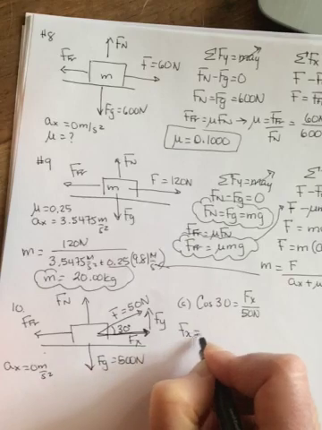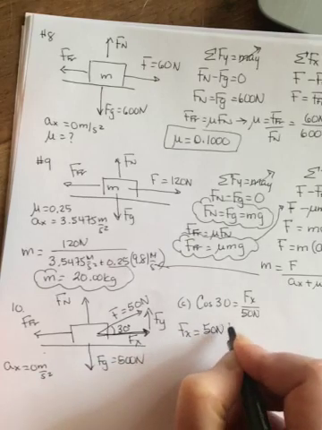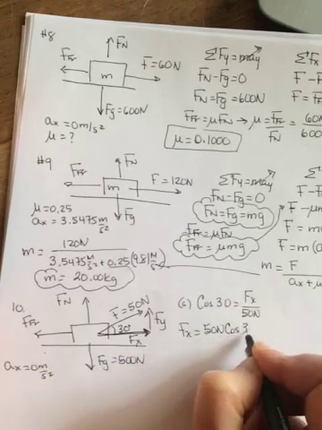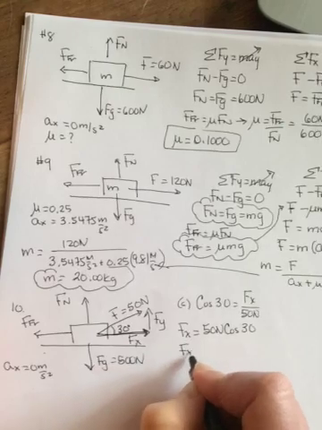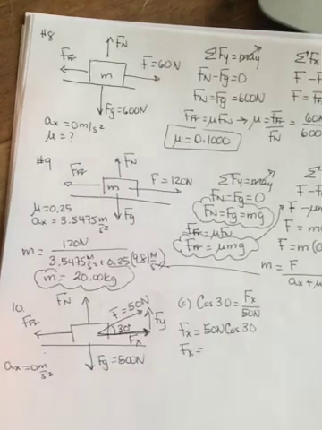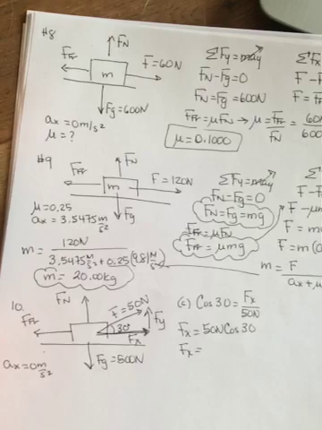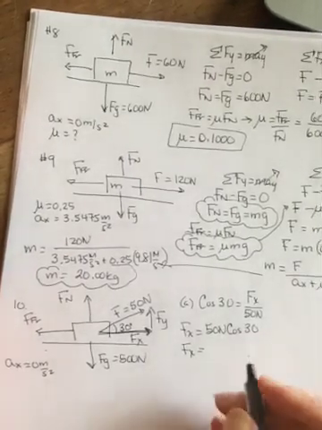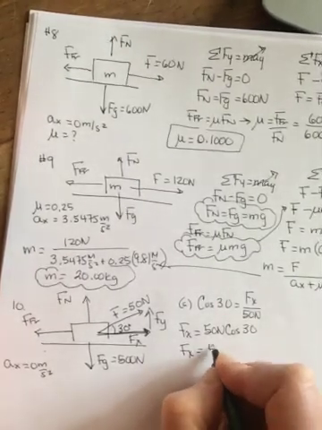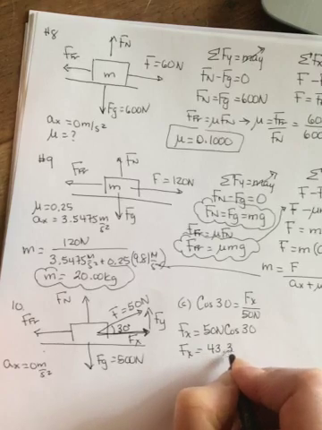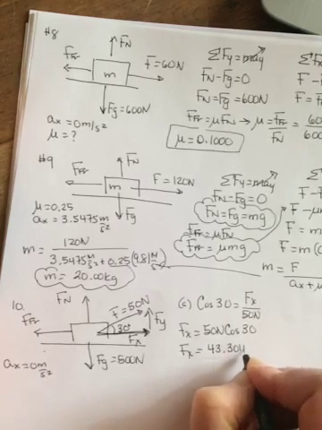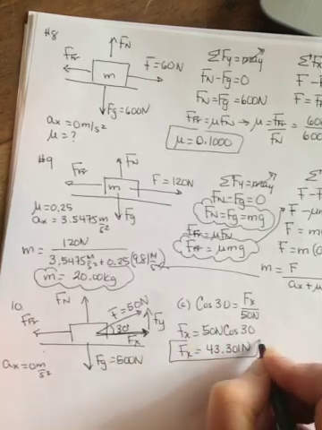So F_x is equal to 50 newtons times the cos of 30. F_x equals 43.301 newtons. That's the answer to part A.